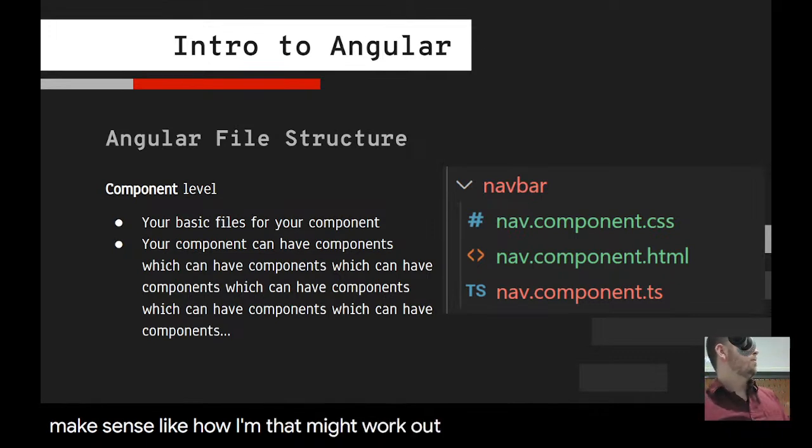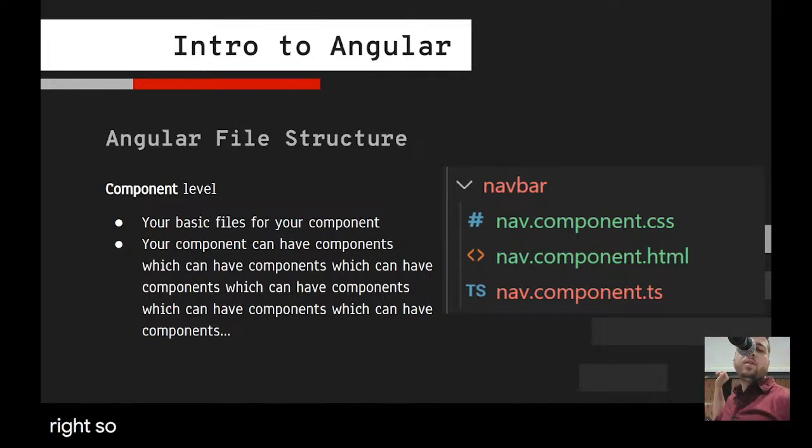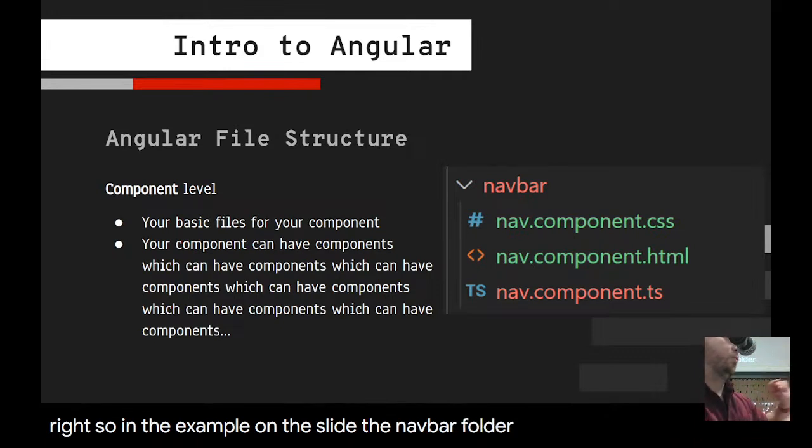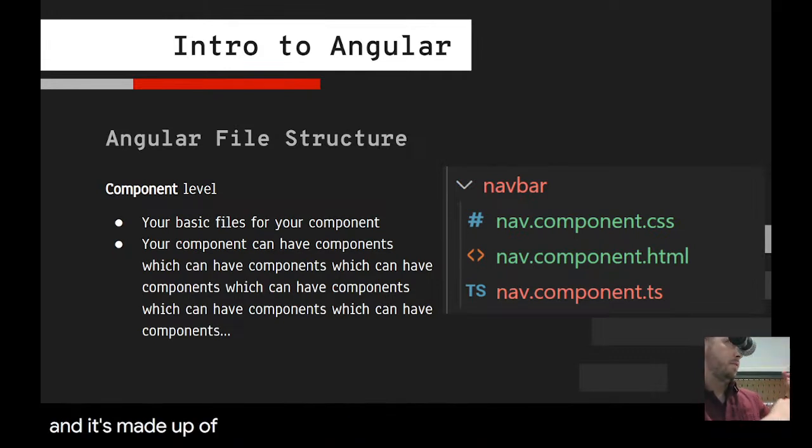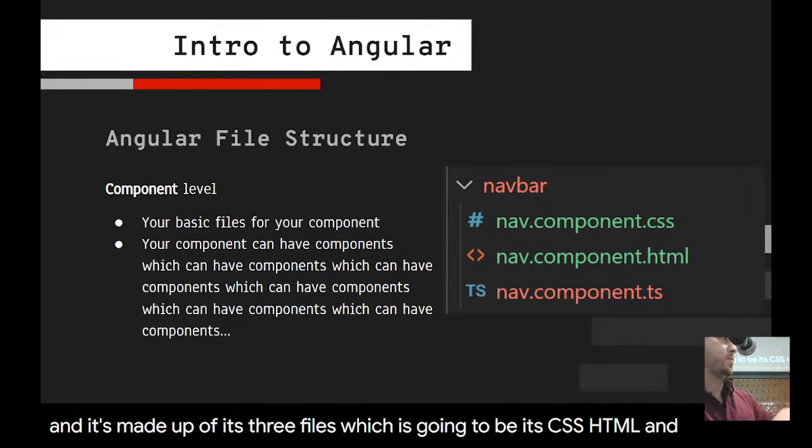So it's like nav.component.css is one component, and inside that file it has other components. It's like pieces, basically. Right, so in the example on the slide, the navbar folder would be the component. And it's made up of its three files, which are its CSS, HTML, and TypeScript.